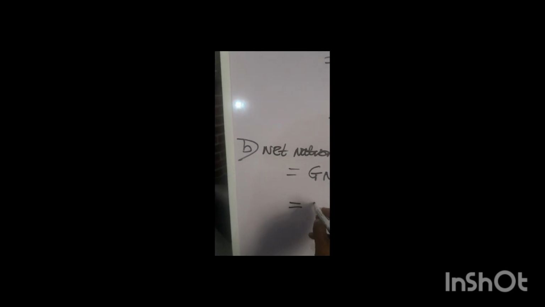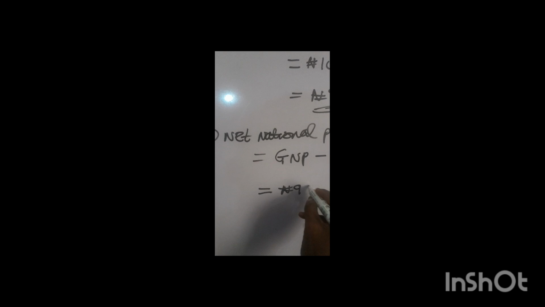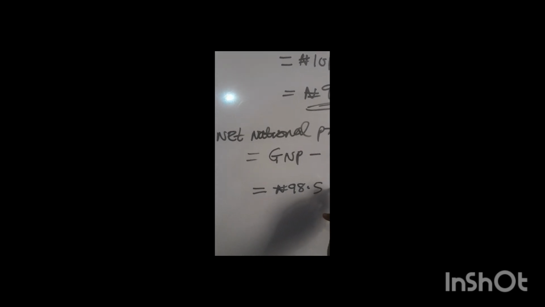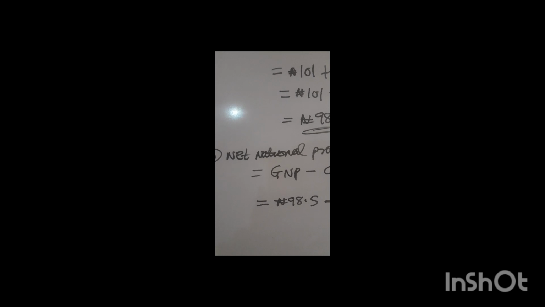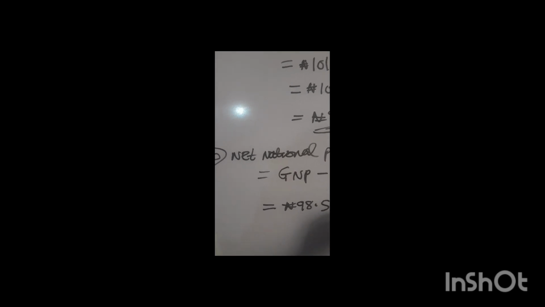So our GNP value, as we've computed, is 98.5 million minus our consumption of fixed capital, which is 17 million as given in the question.